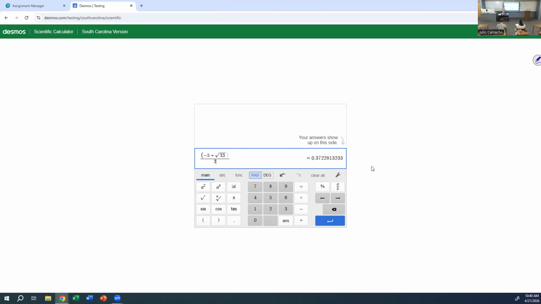What do you have? Mine says square root of 33. It doesn't say anything else? No. Something is wrong with your calculator. Something is wrong in the settings because it's not doing any equation. What is it set as? Sine. If you cannot, at least do it by chunks: take the square root of 33.